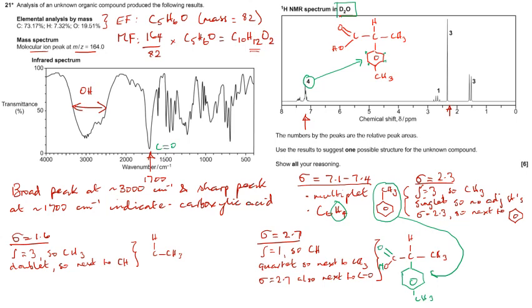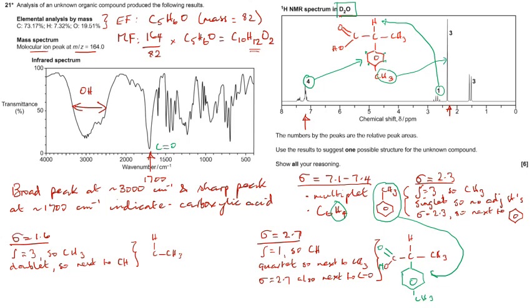Now let's look at this one hydrogen that is a quartet. We think that is this one here. These 3 hydrogens here that have no adjacent hydrogen must be this peak here. So that's all good so far.